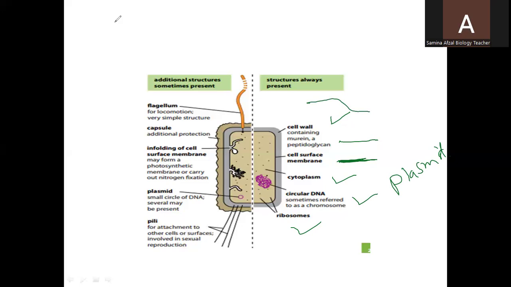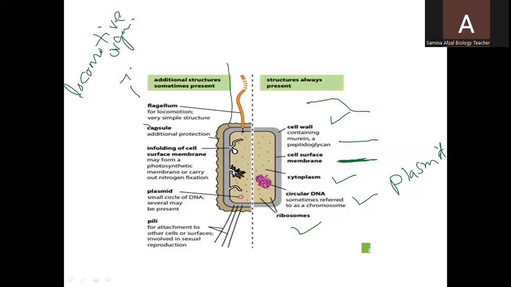But in some of the prokaryotic cells, some additional structures are also present. One of them is the flagellum, which is a locomotive organ, with the help of which the cells can move from one place to the other. Then the capsule, which is a protective covering.